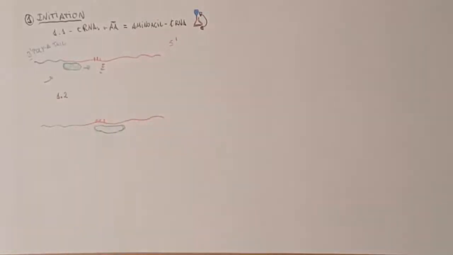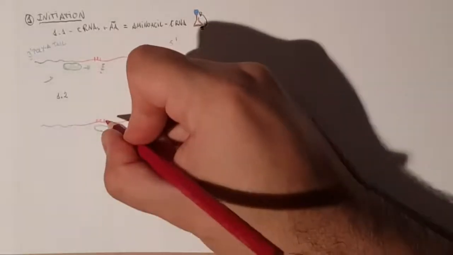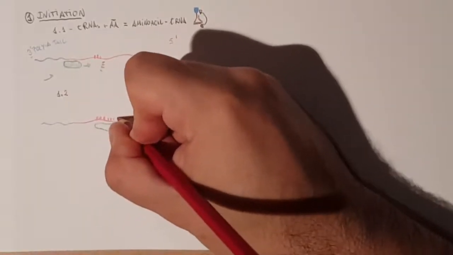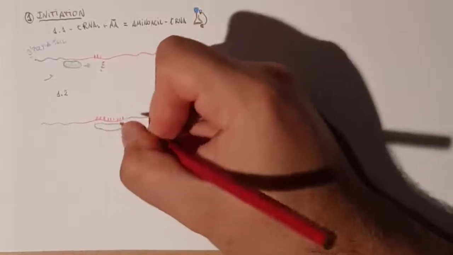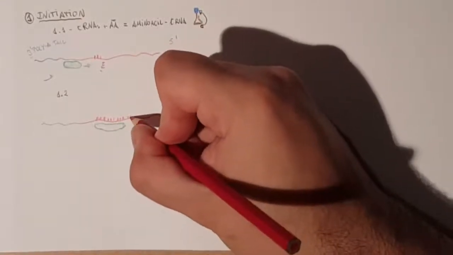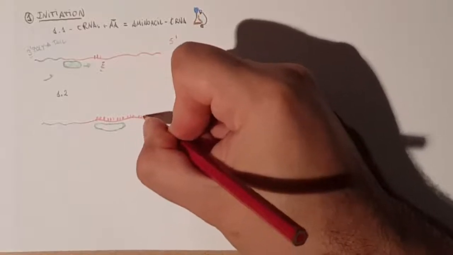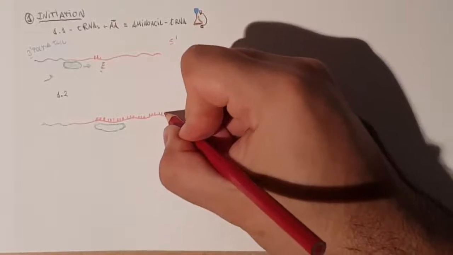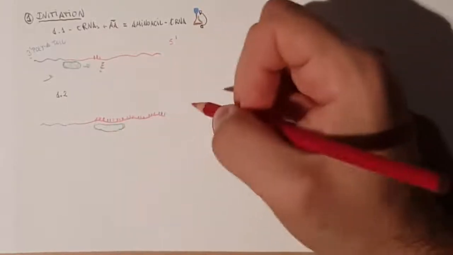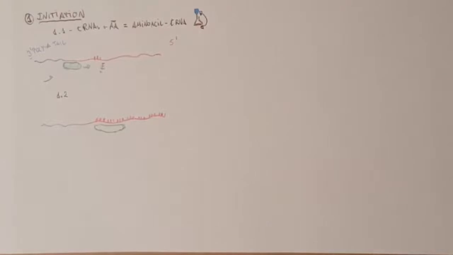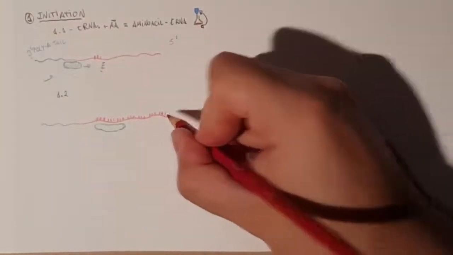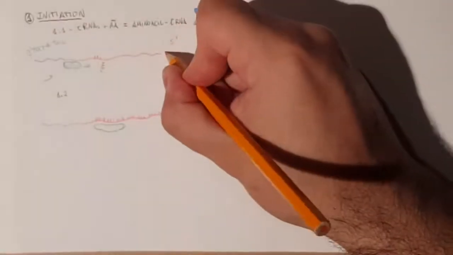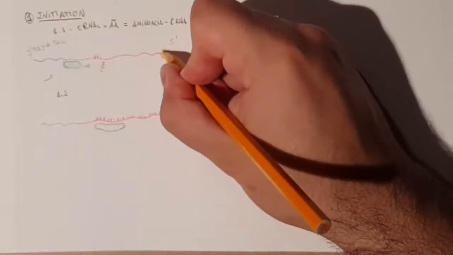I'm going to draw it a little bit bigger, and you have to take into account that there are going to be more codons here. You need to separate them so you can recognize the codons, and I need to do several of them like this. And at the end it's going to be the 5' cap. I'm going to paint it orange.